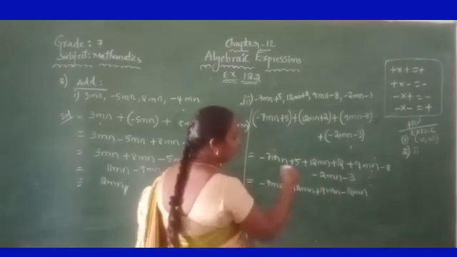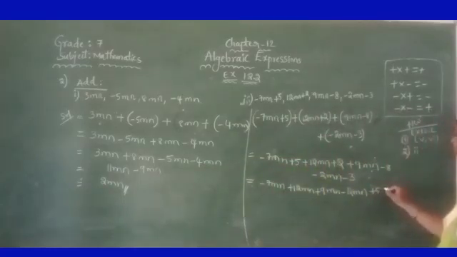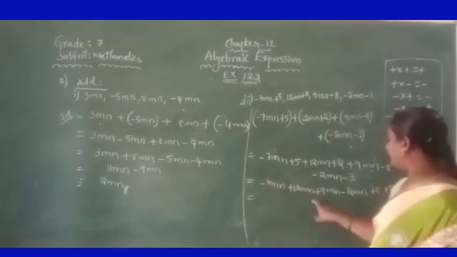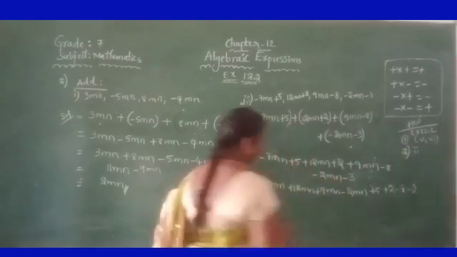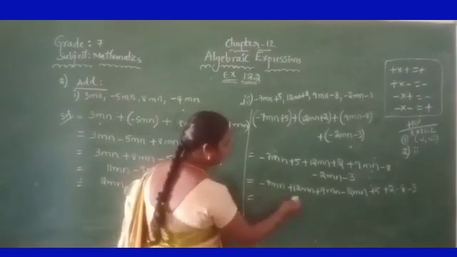Okay, so after that write the constants. Those are plus 5, plus 2, next minus 8, minus 3. Now minus 7mn plus 12. So if you want, one more step you can add. Okay, so write all plus values in one place.